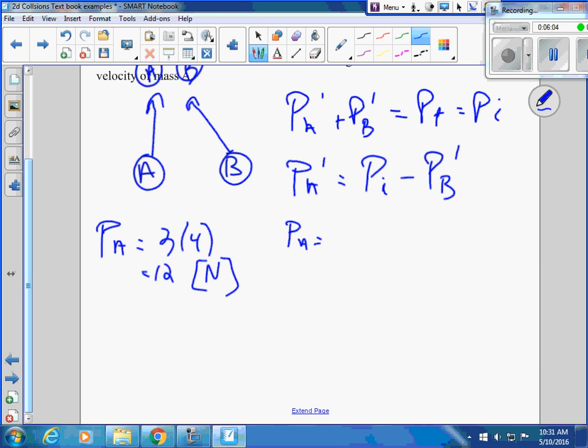PB initial is 2 times 5, 10, and that's going to be north 45 west. After, what do I know? I know that mass B is moving at 3.5.